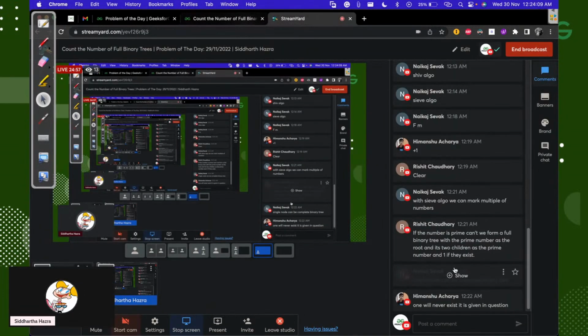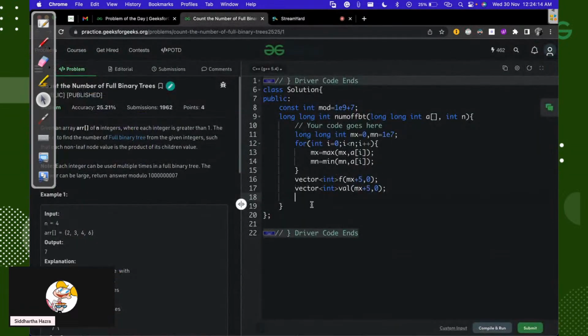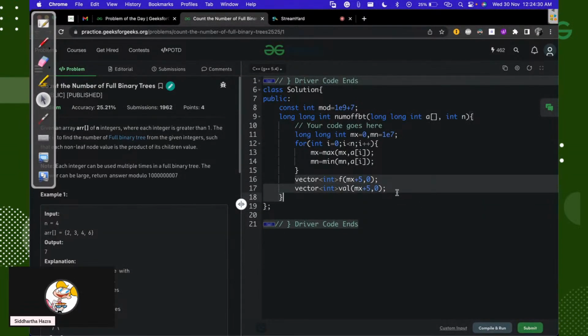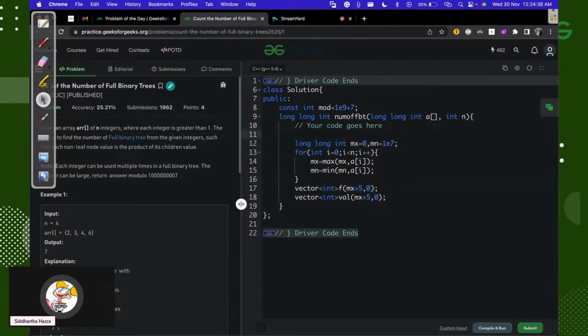Okay, fair enough, we are good to go till this point. Now for int i equals 0, just wait a sec. With this frequency array, why not do it in one?